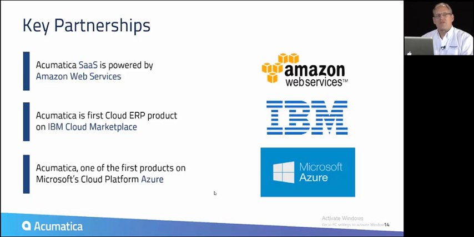So we're working very closely with them, and our solutions are deployed on their cloud centers all around the world. IBM recently started up their IBM Cloud Marketplace, and we're proud to say that Acumatica is the first cloud ERP product on that cloud marketplace with IBM. And of course, Acumatica was also one of the very first products on Microsoft's cloud platform, which is called Azure.